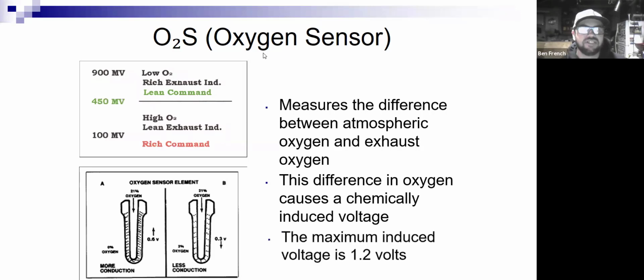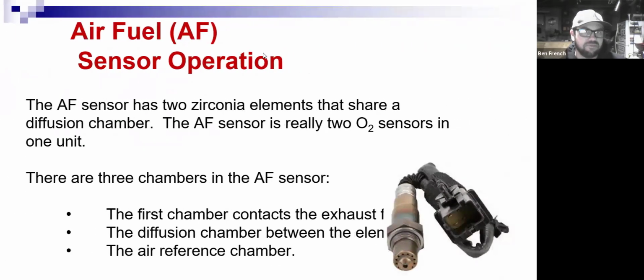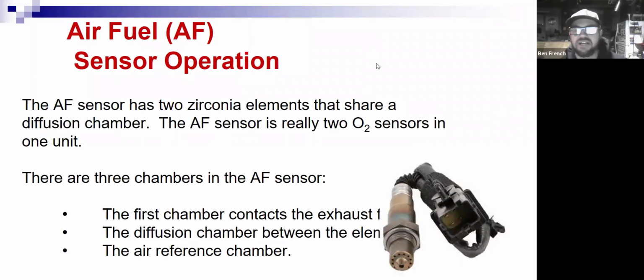Air fuel ratio sensors are a little bit more complicated. They're kind of like an O2 sensor within an O2 sensor. And so with that, we talked about how their voltage ranges can be quite a bit different. One thing that you do commonly see, though, with these sensors is that they run super hot. They run double the heat.